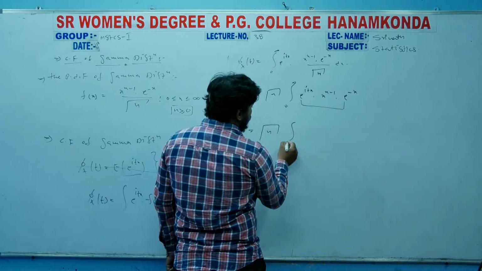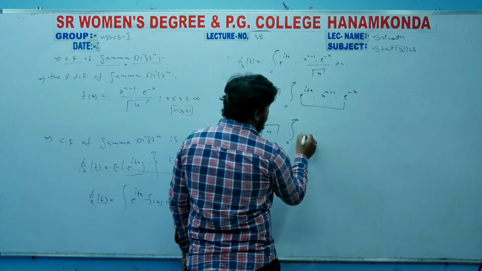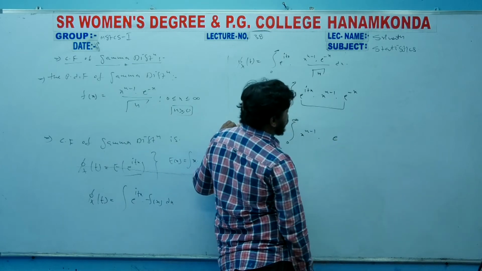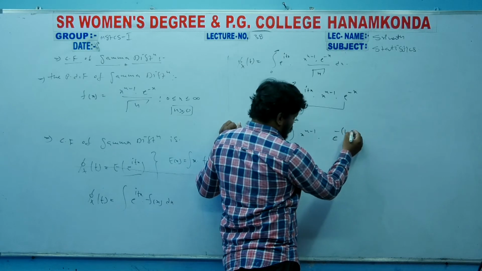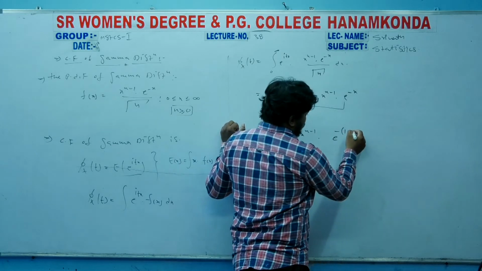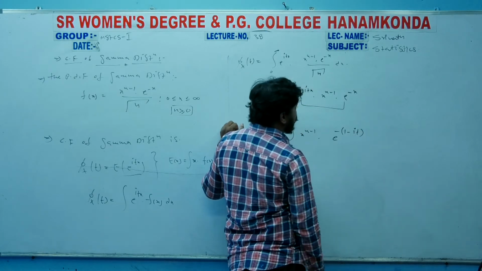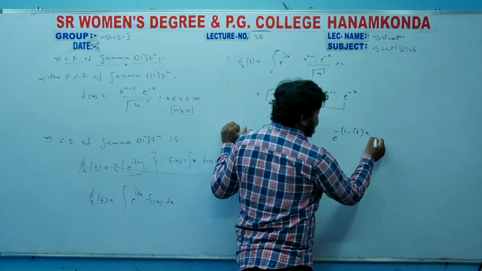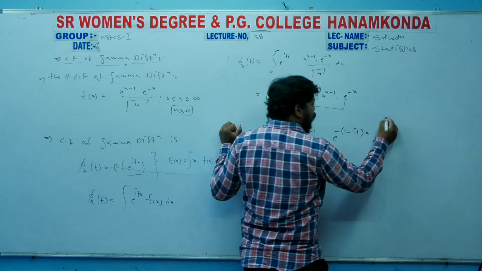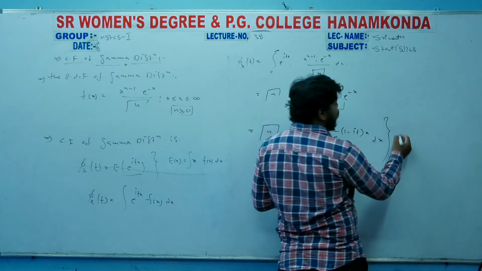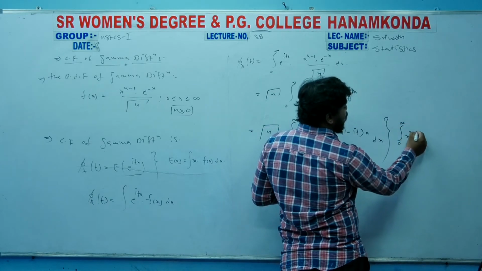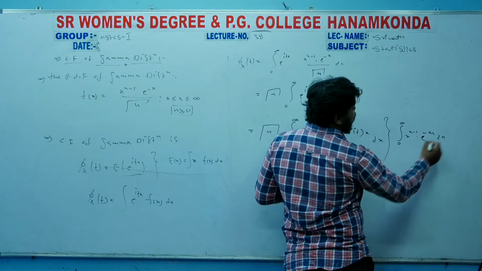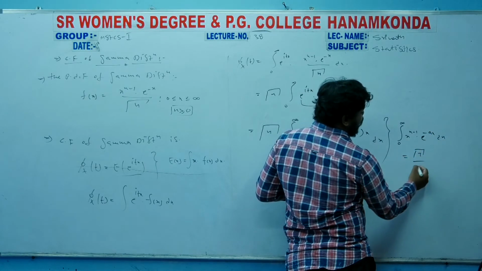1 by gamma n into integration 0 to infinity x power n minus 1 into e power minus (1 minus it) x dx, and this is the formula: integration 0 to infinity x power n minus 1 into e power minus ax dx is equal to gamma n by a power n.